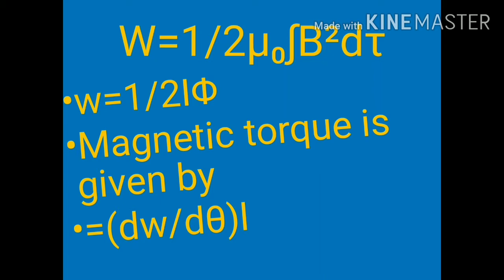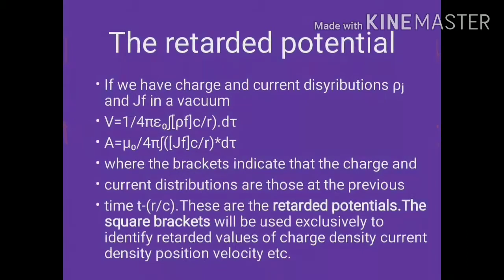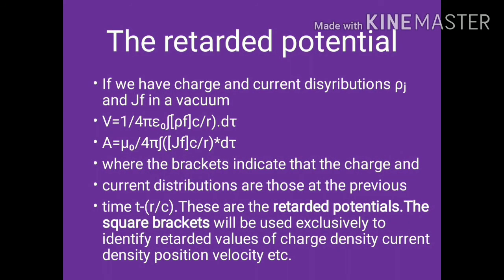Magnetic torque is given by dW divided by d theta. Retarded potential. If we have charge and current distributions rho and JF in a vacuum, V equals 1 divided by 4 pi epsilon naught times the integral of the bracketed rho F divided by r d tau.